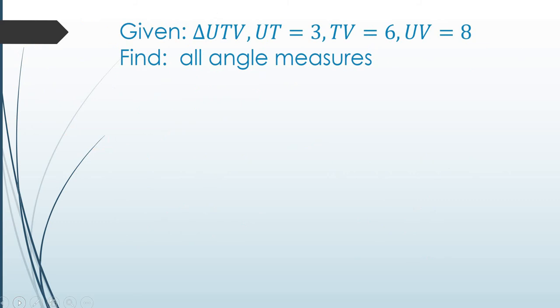And this is a case where I don't have any angle measures. So triangle UTV, UT is 3. Another word for that is small letter v. TV is 6. That's small letter u. And UV is 8. That's small letter t.